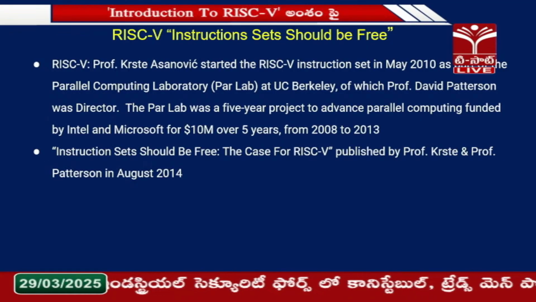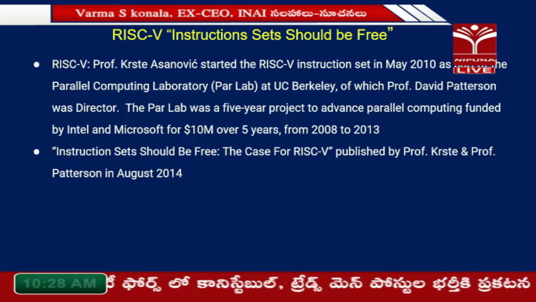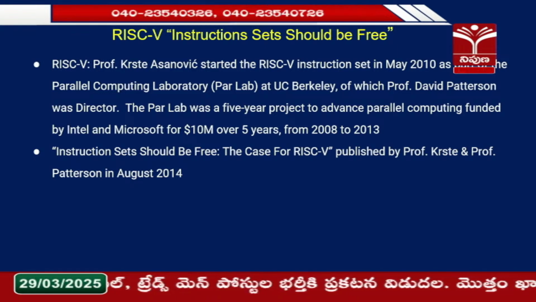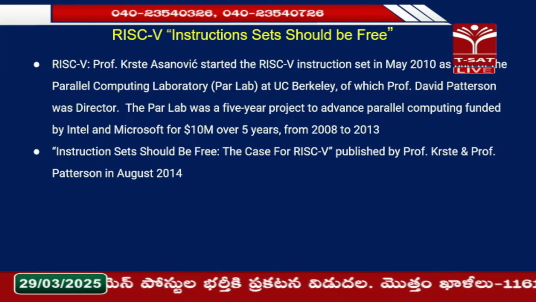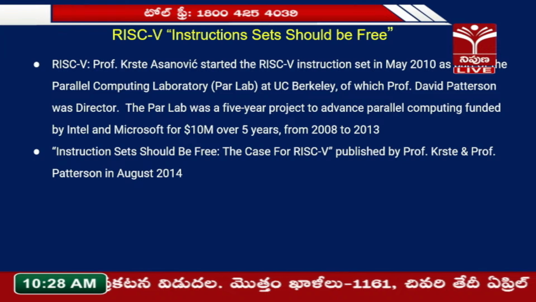Professor Christie and Patterson started this work with a couple of students, and then they published their first architecture spec, which they called instruction set should be free, in around 2014. And then that took off.